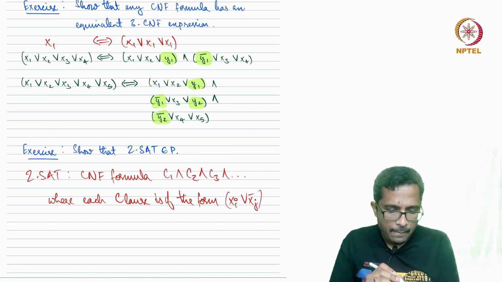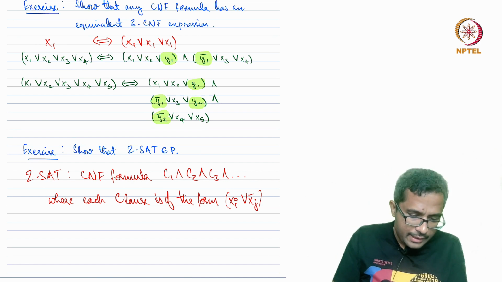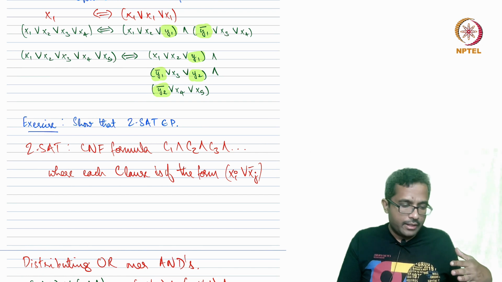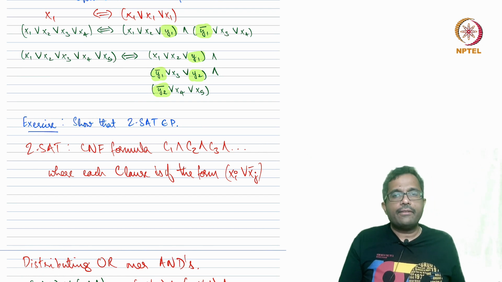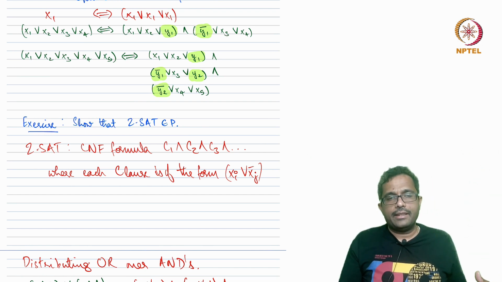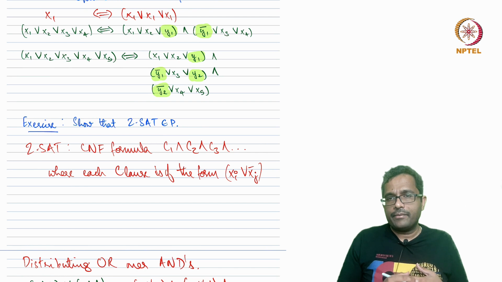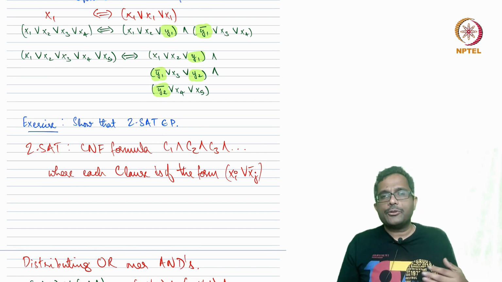So surprisingly, this is in polynomial time. This is interesting because 2 SAT is in polynomial time while 3 SAT is NP complete, which we expect to not be polynomial time. So what happens when we go from 2 to 3, or from 3 to 2?